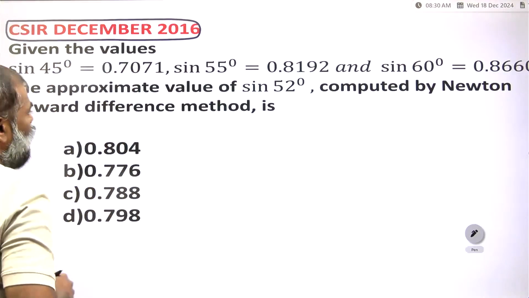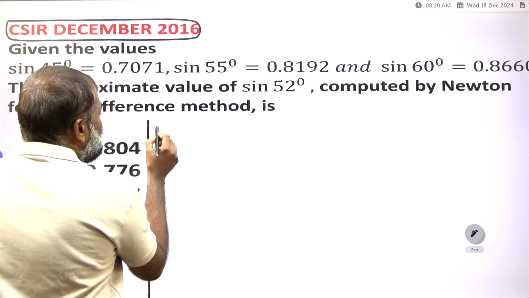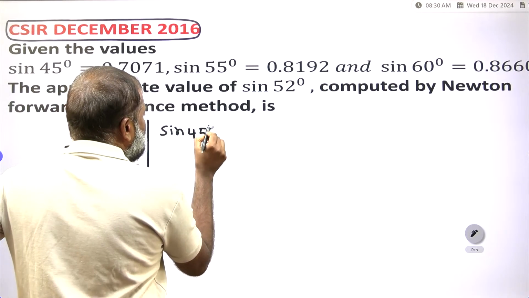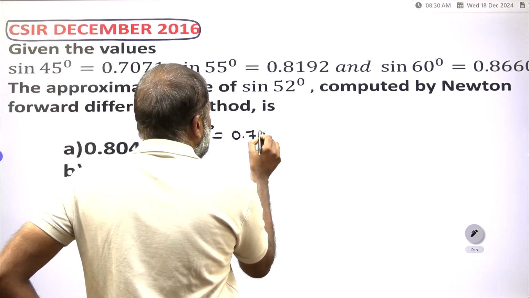Given the values, first you have to see the data I am writing: sin 45 is equal to 0.7071.